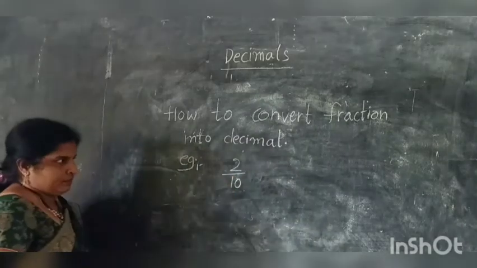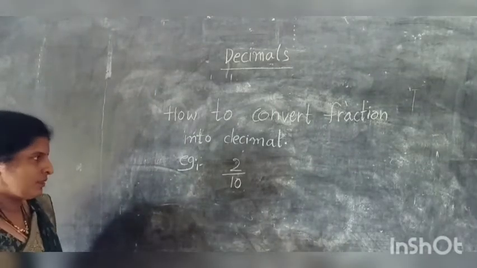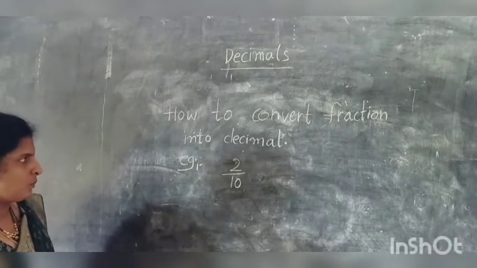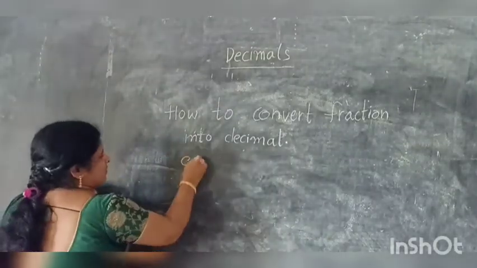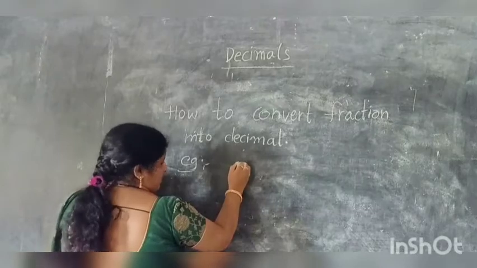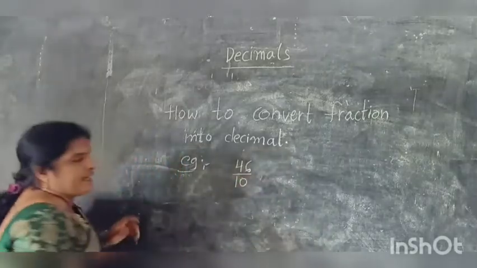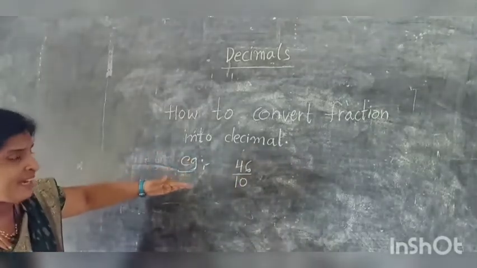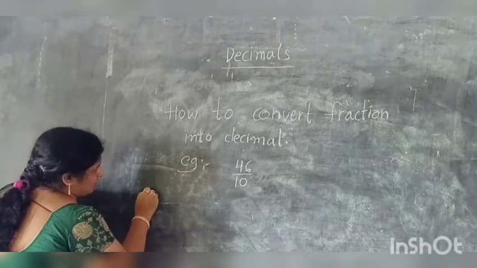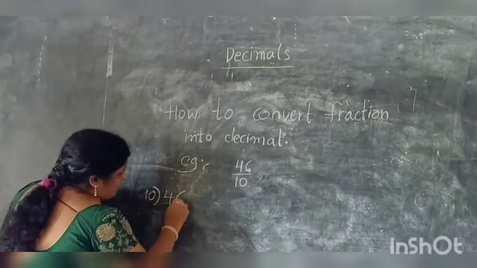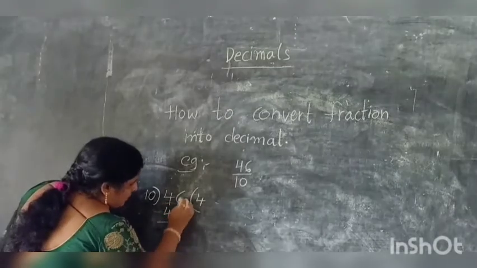Another example, 46 by 10. 46 divided by 10. 10 fours are 40, then 6.